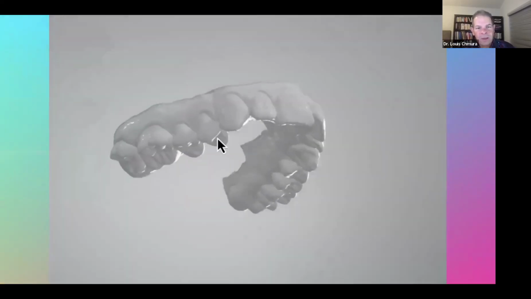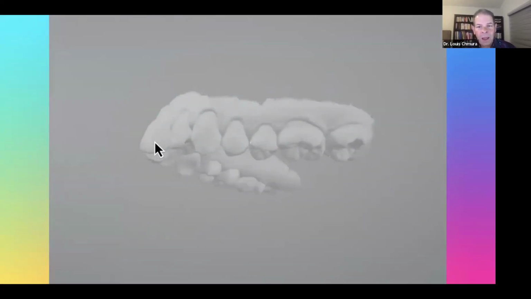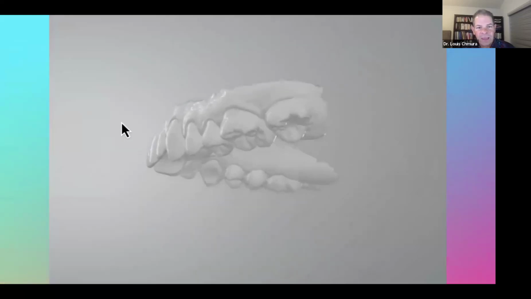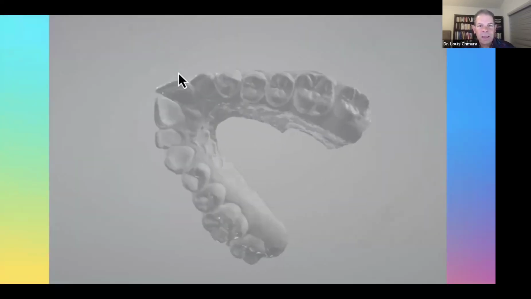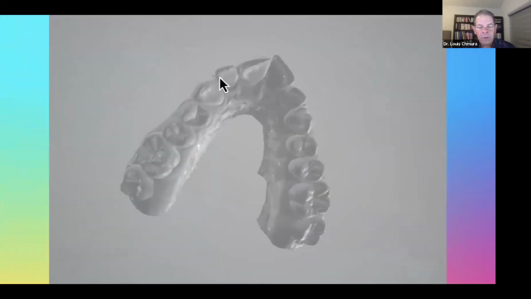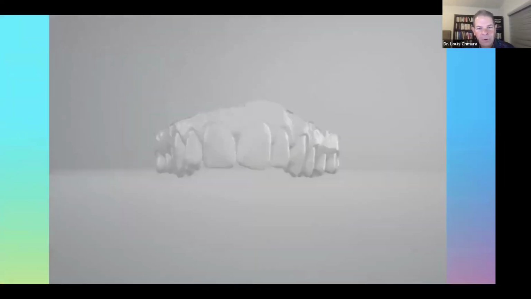The reason is, if I do decide to use an expander, and this one looks narrow to me, then I can just send in the scan. I don't have to do anything more. I can send it in a week later, whatever. But with a scan, you can send it in post haste. It goes right now to the company, and they start fabricating the expander for you. And then all you have to do is deliver. There's no more separators, no more any of that stuff.